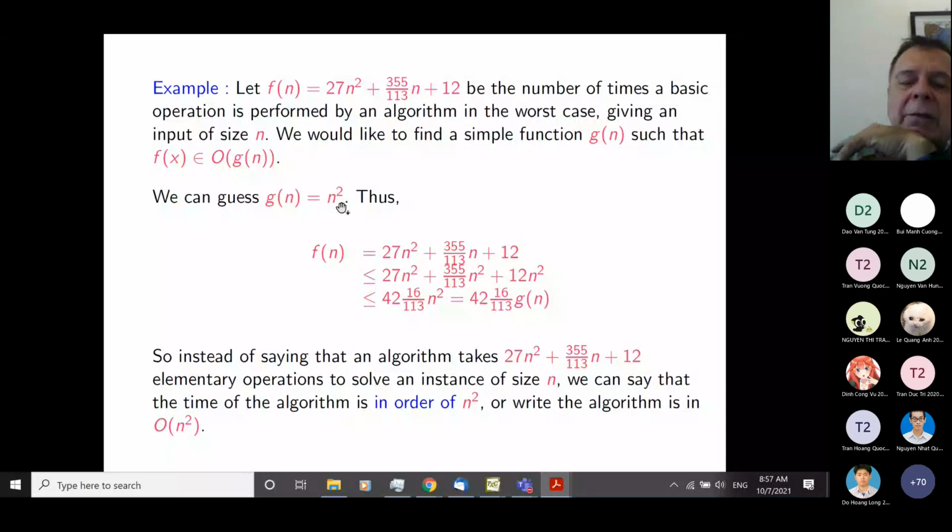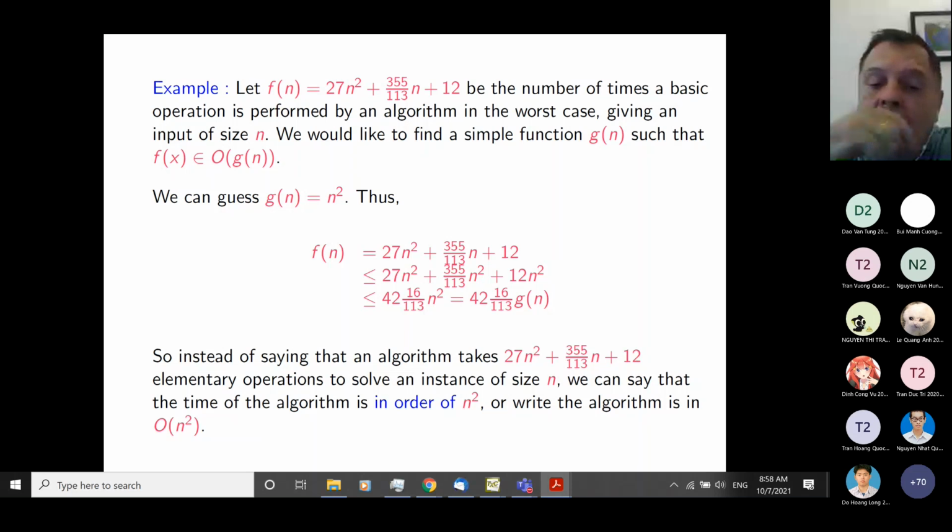We just need to find that dominant term. But then we need to find a proof that we are correct. So the proof consists of exhibiting a c for which this expression is smaller than my bounding function. We need to find that c, and we also need to find n0. So beyond n0, for all values of n up to infinity, we have to have g(n), or n squared, greater than this expression.